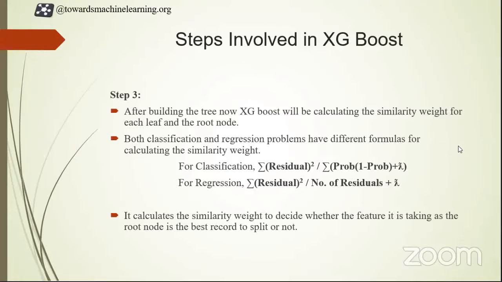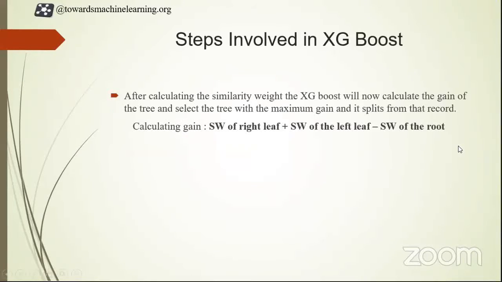Now, after calculating the similarity weight, it calculates the gain. How it calculates the gain: it takes the similarity weight of the right leaf, adds it to the similarity weight of the left leaf, and subtracts the similarity weight of the root from the addition of these two leaves.